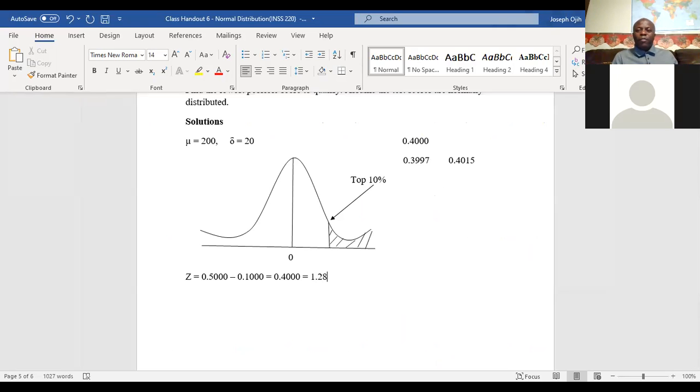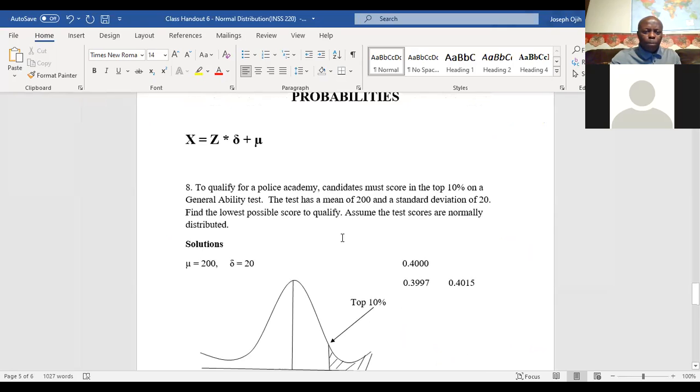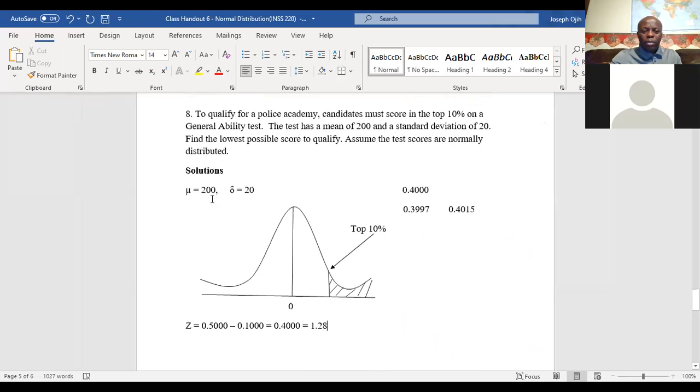Now we have all the information we need. We're going to apply the formula, because the question was asking to find the lowest possible score to qualify. This is the formula: X equals Z times standard deviation plus mean. We are given the mean as 200 and the standard deviation as 20.